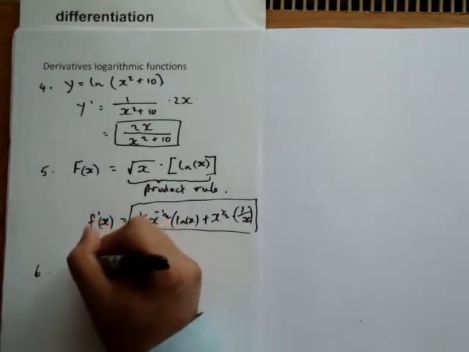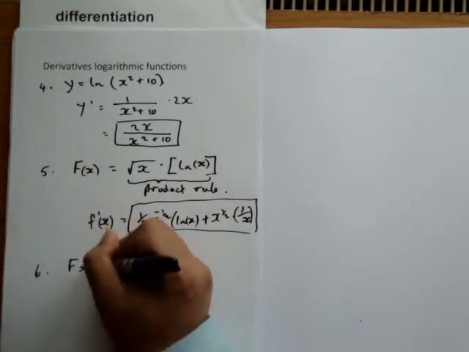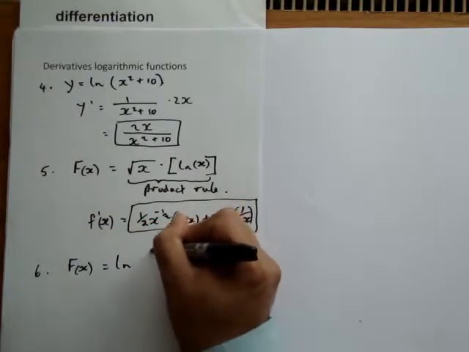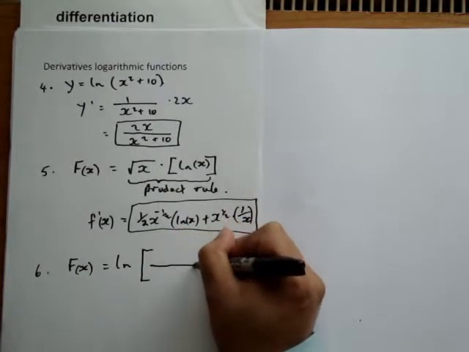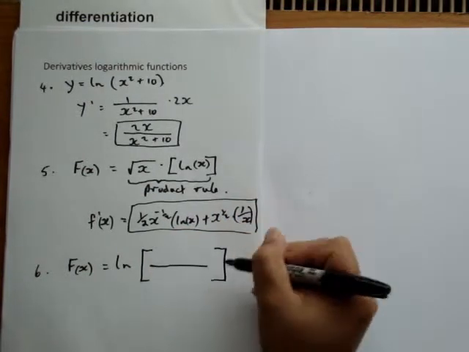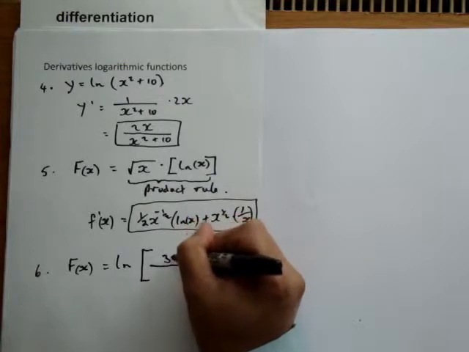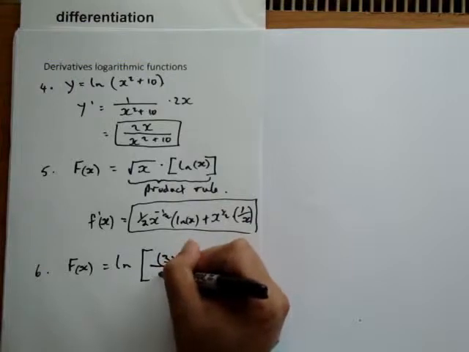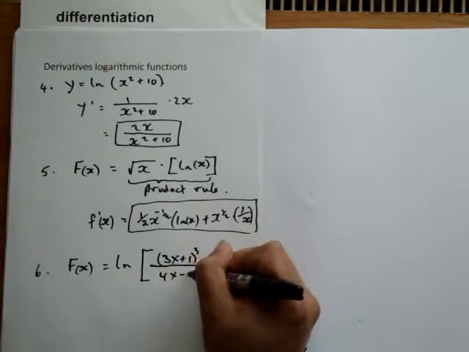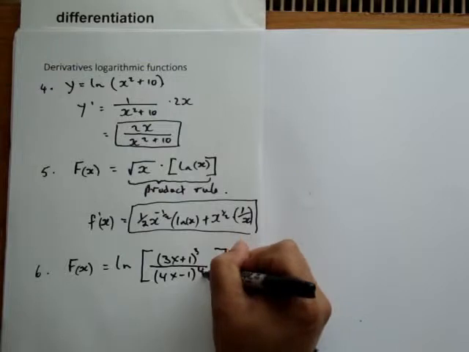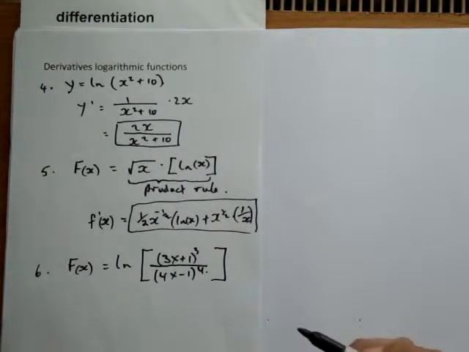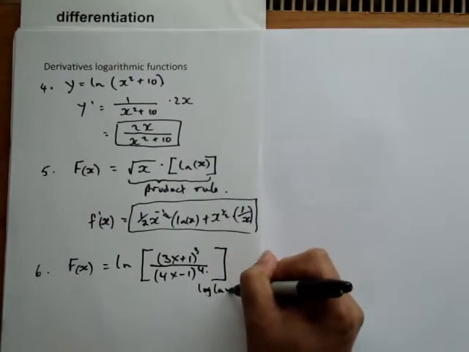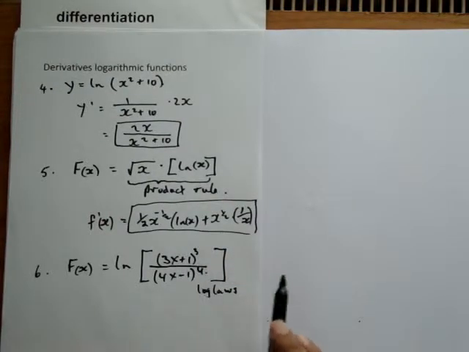If we have natural log, let's use something different this time, a quotient. So we have 3x plus 1 cubed over 4x minus 1 to the power 4. So using log laws, we can split this up.